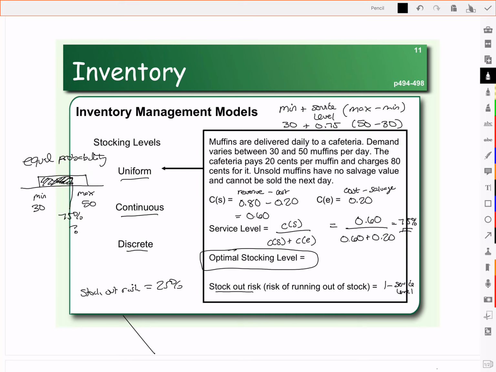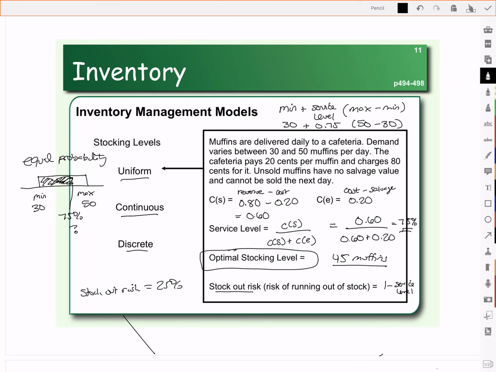So in this case, we have 0.75 times 20, and we have the 30 minimum, so our optimal stocking level is 45 muffins.